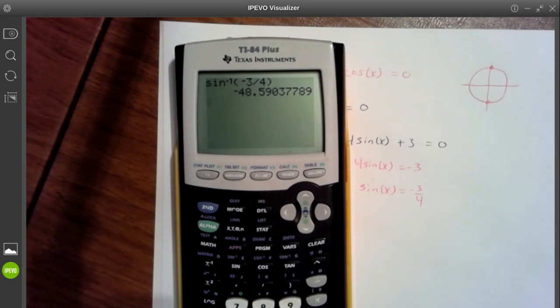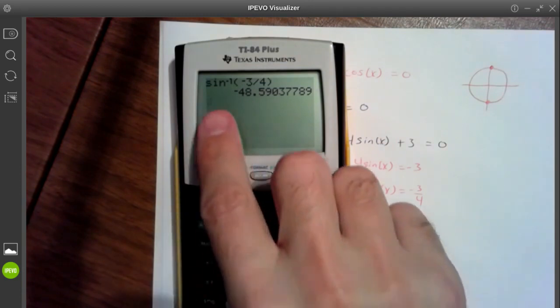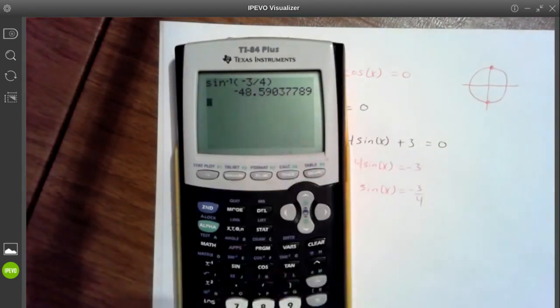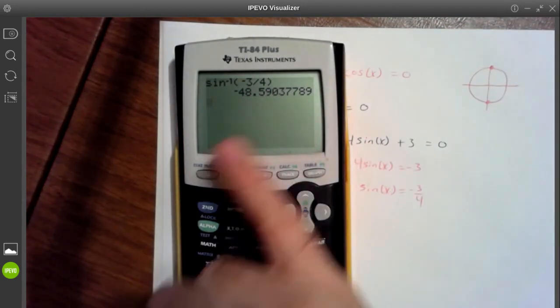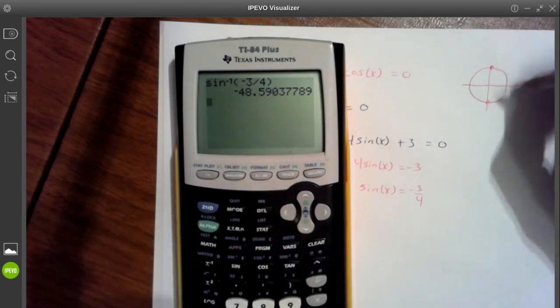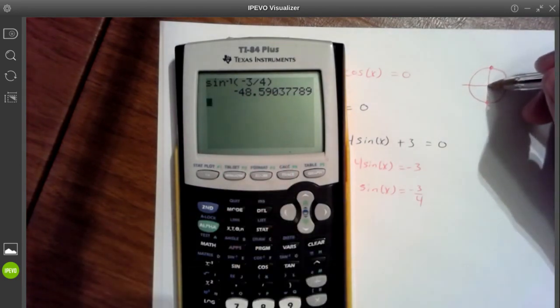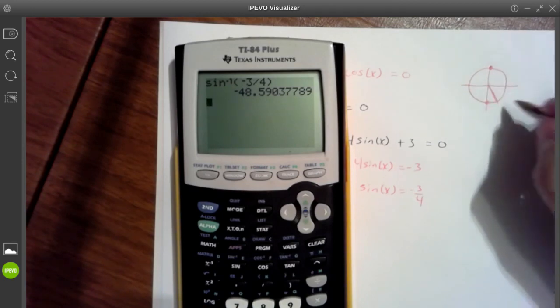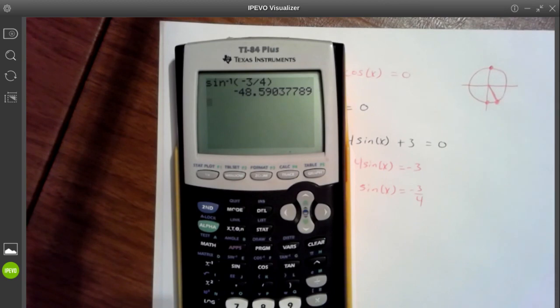When you're taking the inverse sine of something negative, you're going to notice that it'll always spit back the answer as a negative angle. So it's saying this angle down here, rotating negative 48 degrees, whatever that is right there.